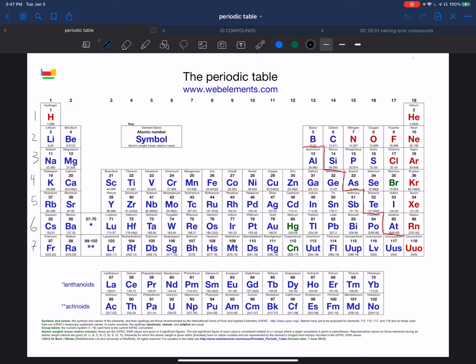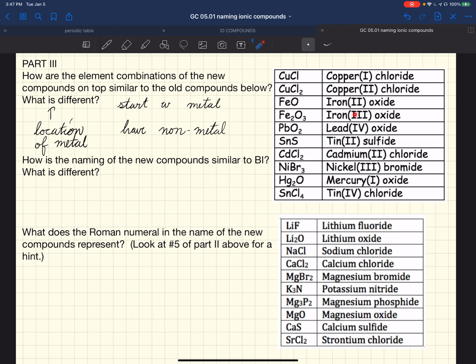How's the naming of the new compounds similar to binary ionic? Well, when I look at it, I still see the name of the metal, although it does have a Roman numeral here. And then it looks like it also has the name of the anion as well. So it's still the name of the cation.